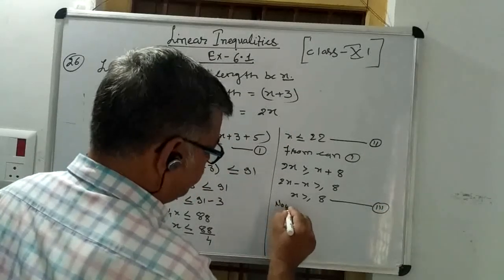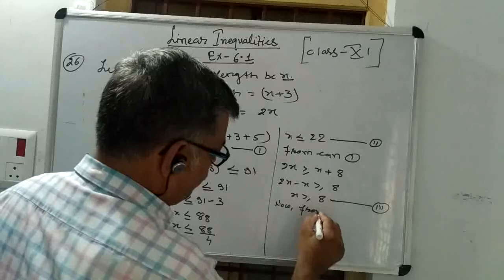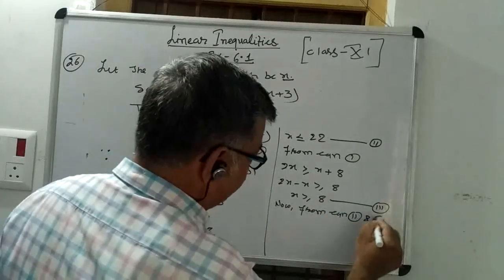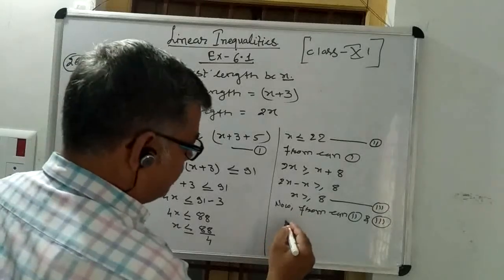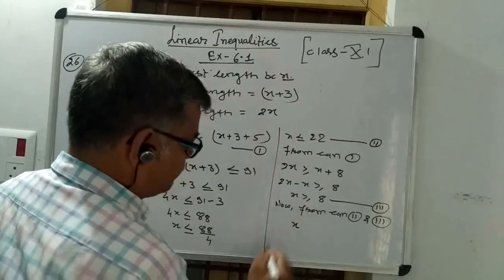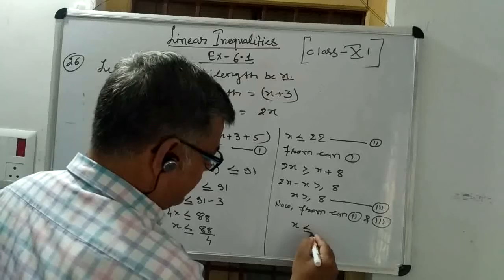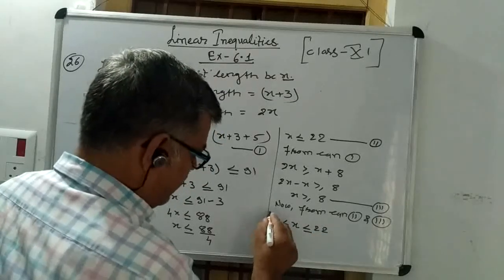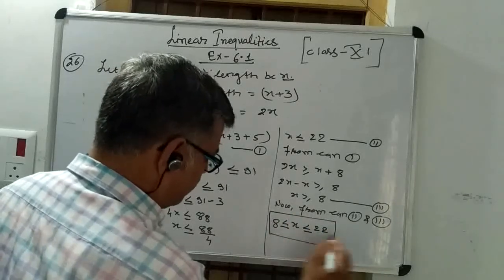Now from equations 2 and 3, we have the value of x which is less than or equal to 22 and greater than or equal to 8. It means this is your solution.